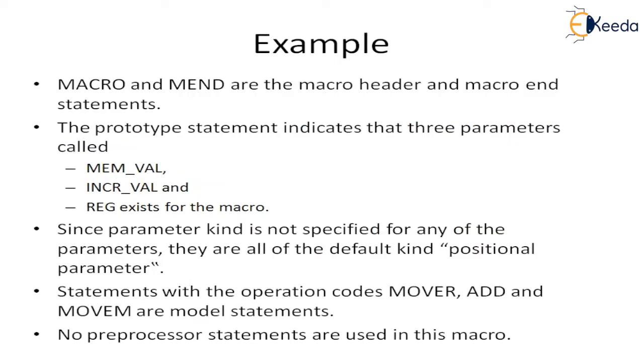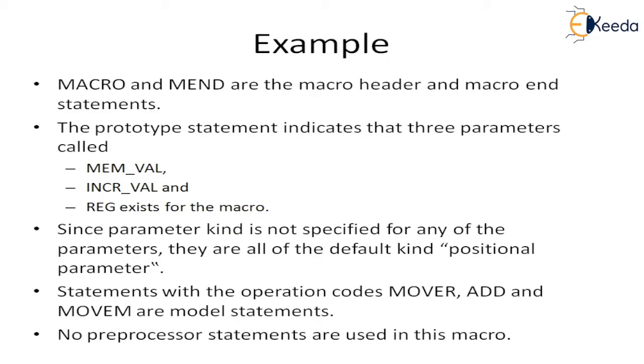In this example specification, MACRO and MEND are the macro header and the macro end statements. The prototype statement includes three parameters. Prototype statements are useful for specifying the macro name and the formal parameters. Those formal parameters are the memory value, the increment value, and the register for the macro specification.